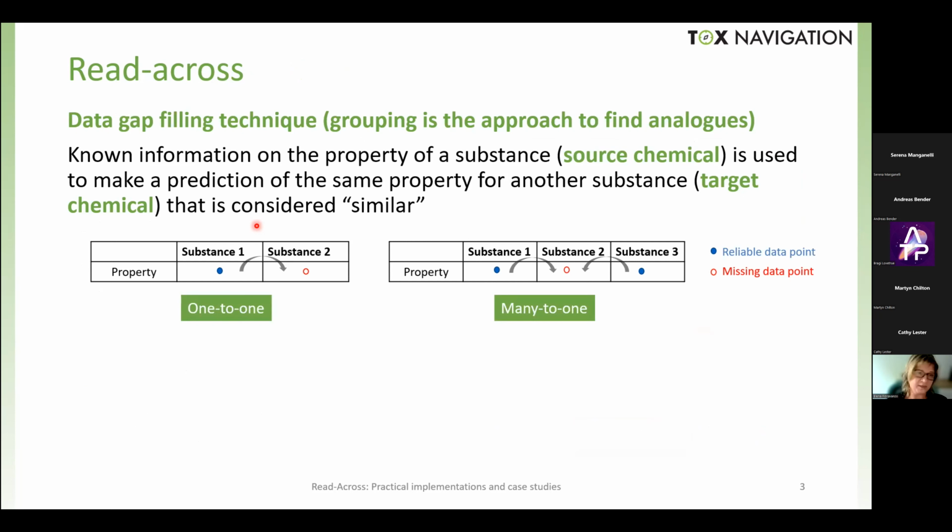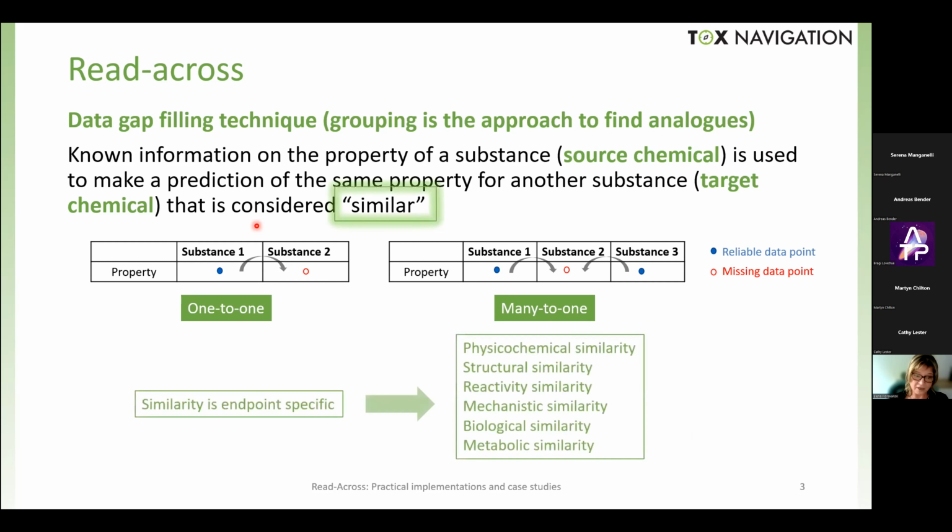Now, we are all familiar with the concept of read across, and we already said it is easy in concept, but it is a little more difficult to run in practice. We have just seen the concept of similarity. Read across is based on the concept of similarity.